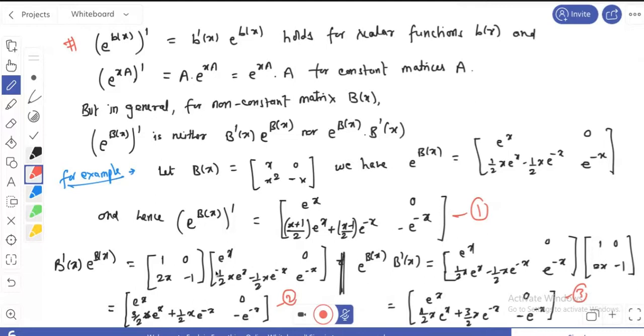So this is not equal to this thing, this is not equal to this thing, and of course these two are not equal. So if you multiply, these two do not commute with each other. So if this matrix is a function of x, then this condition doesn't hold.